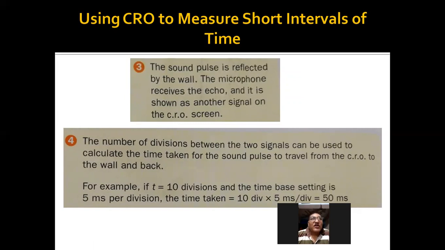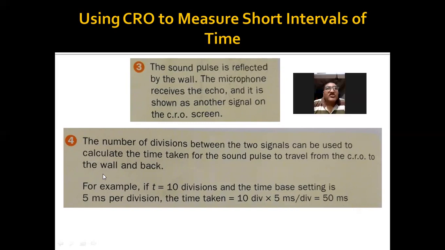The microphone receives the echo, and it is shown as another signal on the CRO screen. The number of divisions between the two signals can be used to calculate the time taken for the sound pulse to travel from the CRO to the wall and back.